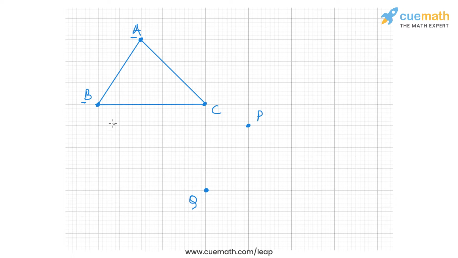Similarly, to take the vertex R, I observed that the distance between B and C was 5 units. So I will take vertex R here 5 units away from vertex Q horizontally. And now let's join PQR.